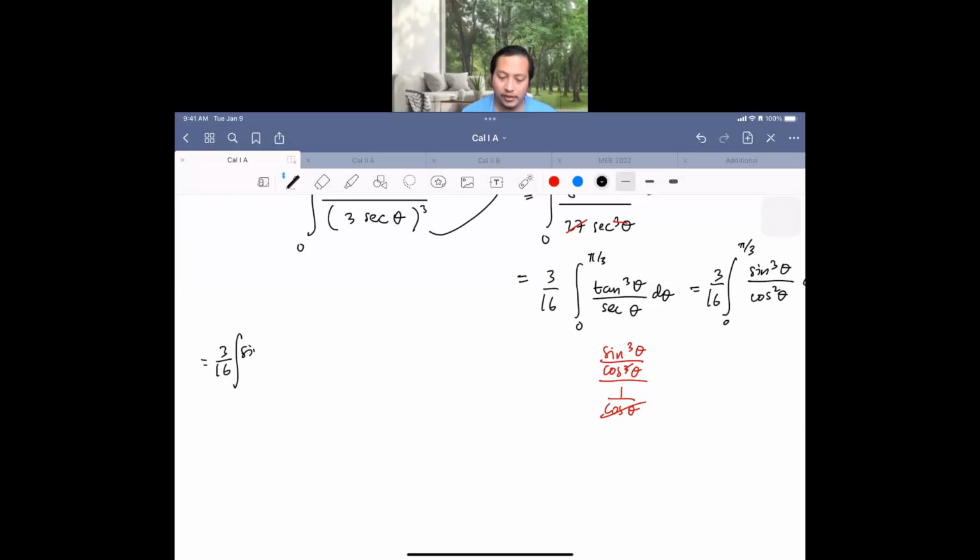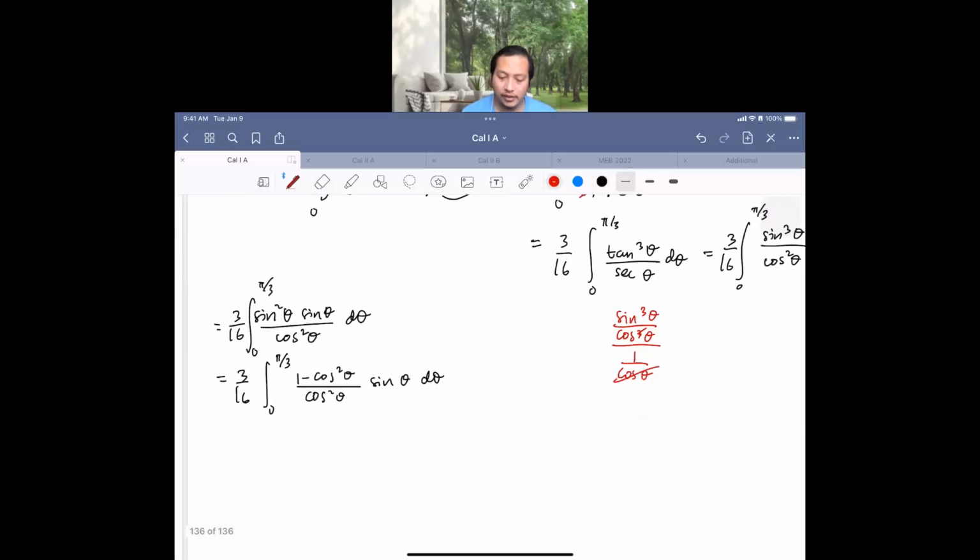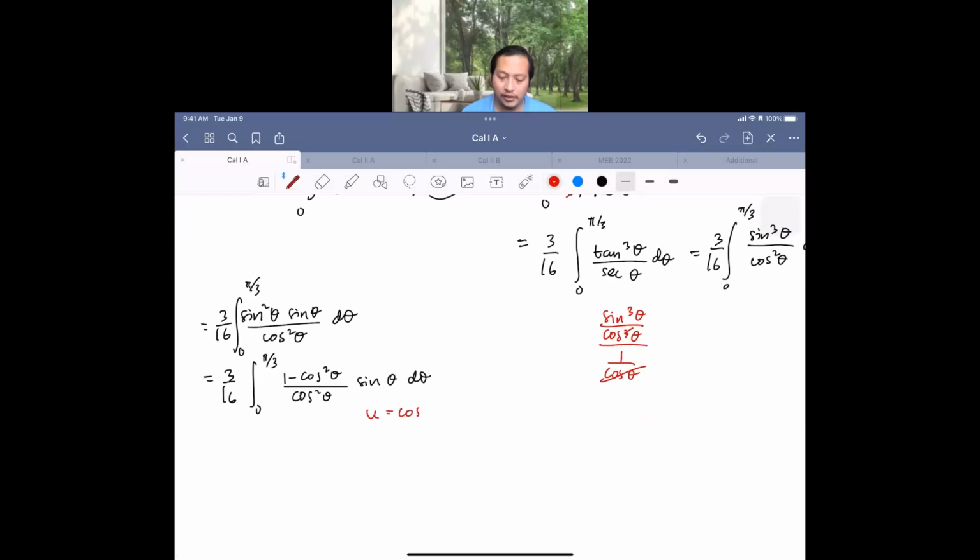Let me separate the sine. Okay. And this will be from 0 to pi over 3. And sine squared will be 1 minus cosine squared, over cosine squared theta, sine theta d theta. Okay, I think we can take substitutions. Take substitution of cosine theta, and du will be minus sine theta d theta.